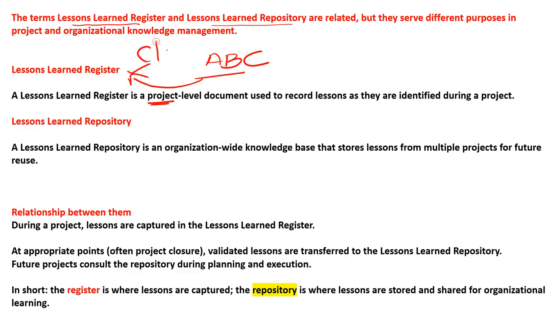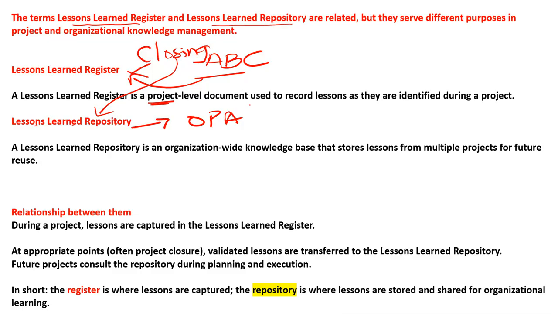But at closing, when you are closing this ABC project, whatever you have learned will transfer to the lessons learned repository, and the lessons learned repository is part of the OPA. If the question asks where the team should go to learn from a previous project in the OPA, it is the lessons learned repository, not the lessons learned register, right?